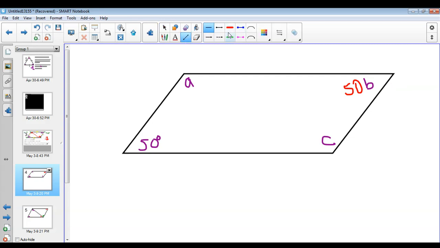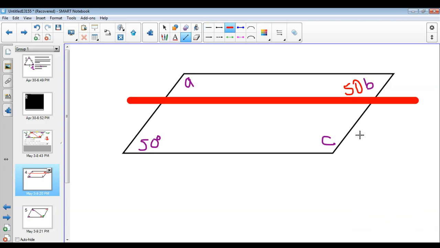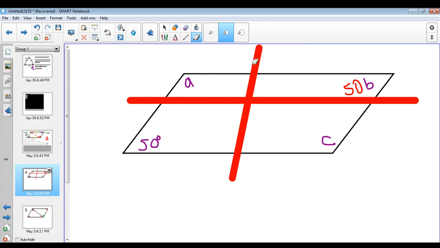And sometimes what you'll see me do is draw a line down the middle of my figures so that I remember these are the angles that I'm going to use for my operation. Or sometimes I'll draw a line down this way and I'll say these two angles are what I'm going to end up using. I'm going to try to get rid of this line now. There we go.